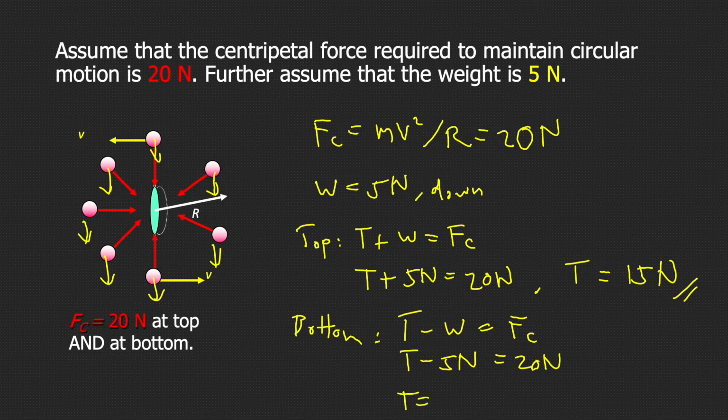T is equal to, again, transpose 5 newtons to the other side, so that's 20 plus 5, which is 25 newtons. So again, the tension at the bottom is larger than the tension at the top, considering that, of course, this is a string.